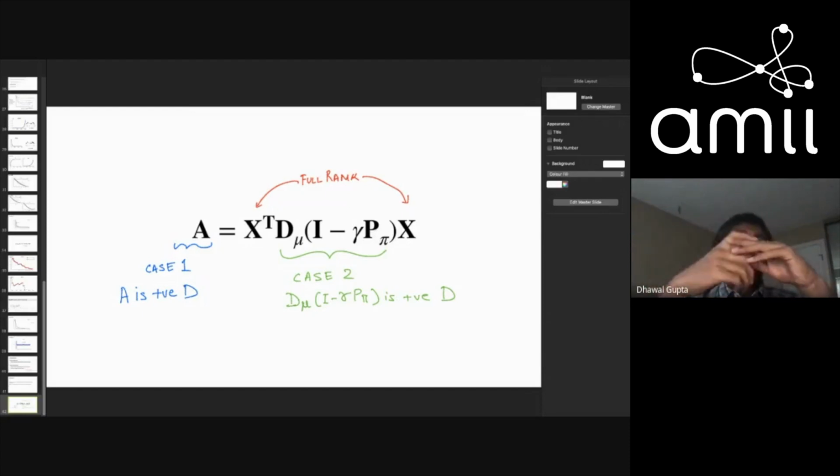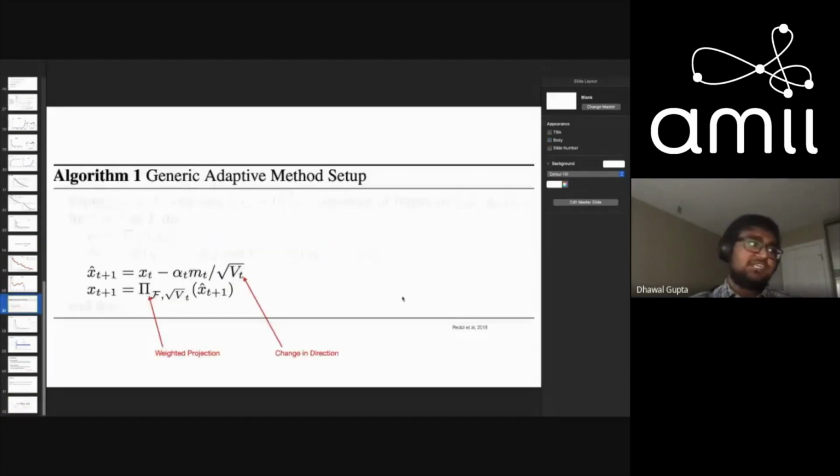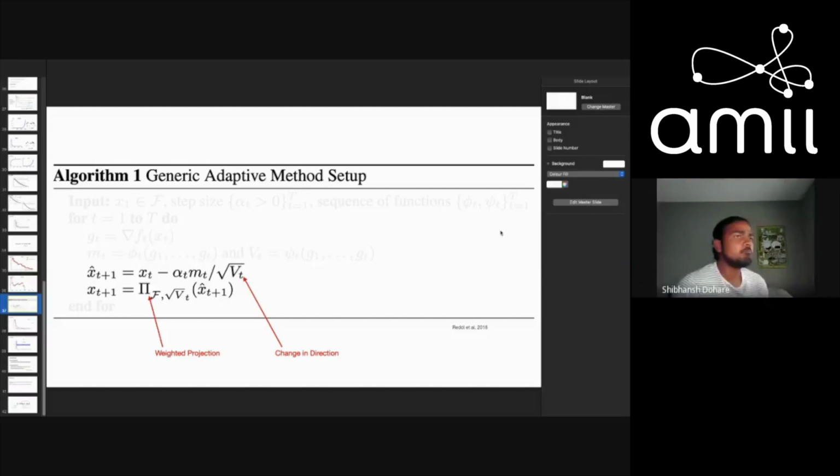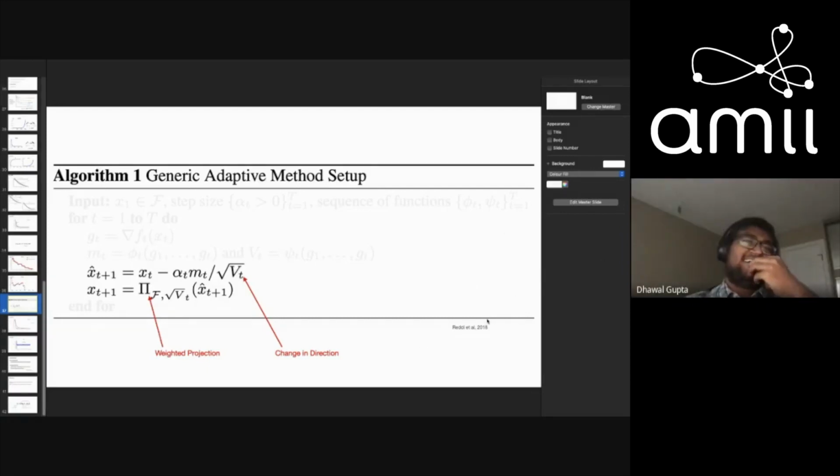That weaker condition of divergence would normally arise because of this change in direction, because of the VT matrix, the second order moment. If this is encoding some properties of the environment or the behavior policy, then can we actually show that it is correcting the distribution mismatch in some way? Okay. Yeah, but I'm stuck at this point, basically.